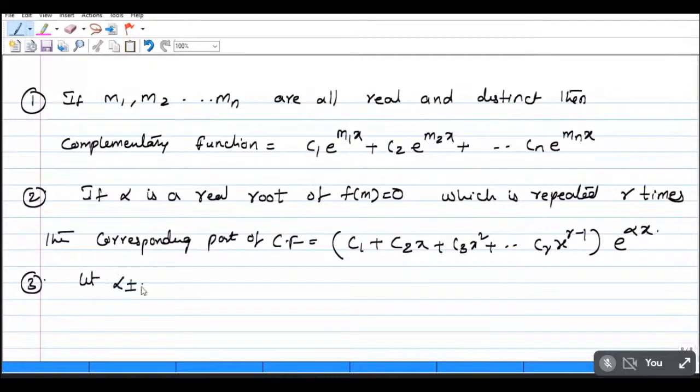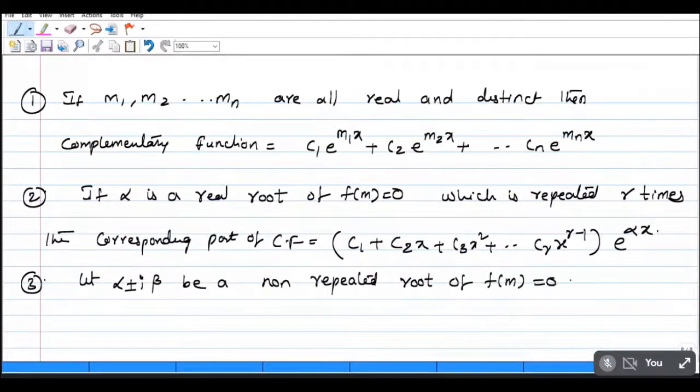Third point: let alpha plus or minus i beta be a non-repeated root of f of m equal to 0.